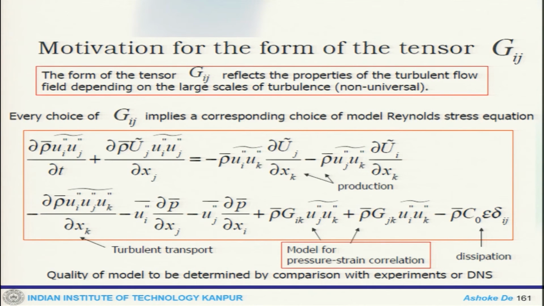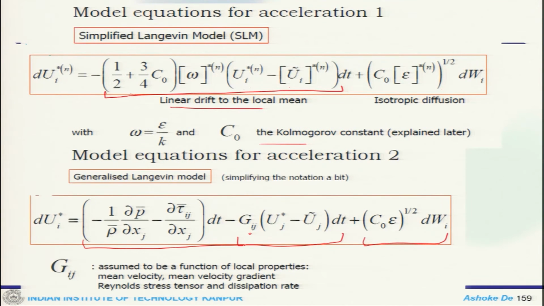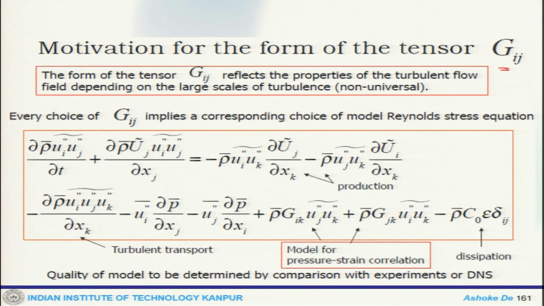Now Gij, another important term sitting there, will reflect the properties of the turbulent field depending on the large scale of turbulence. So if you go back here, this will depend on the large scale, which are non-uniform.